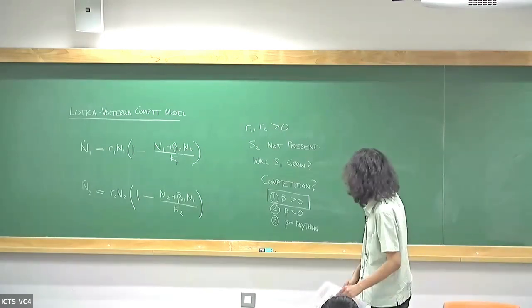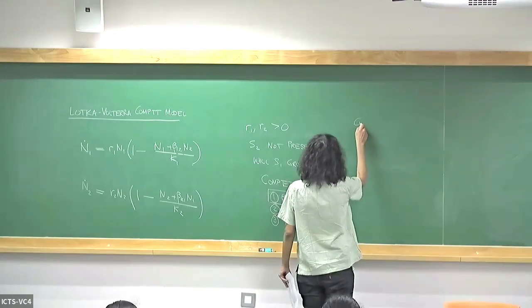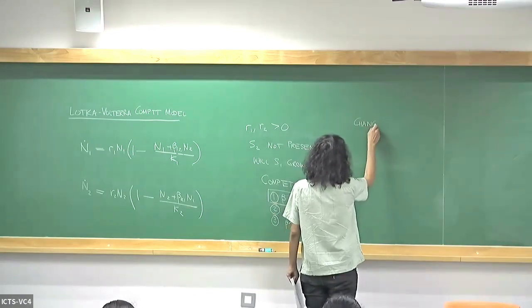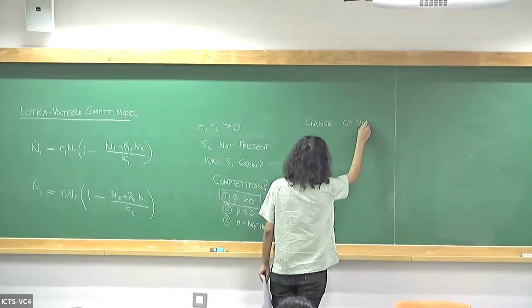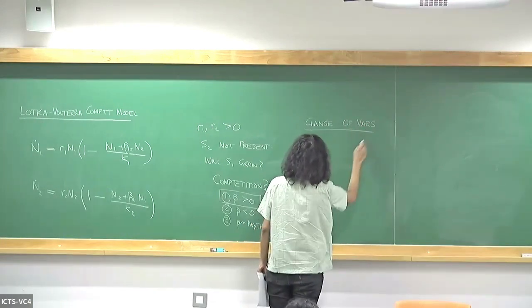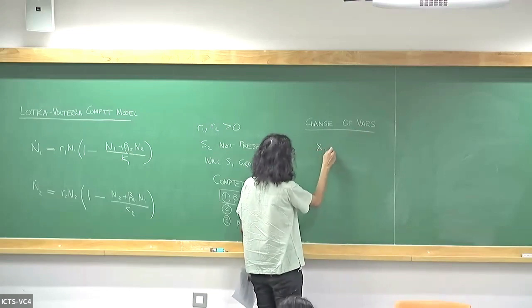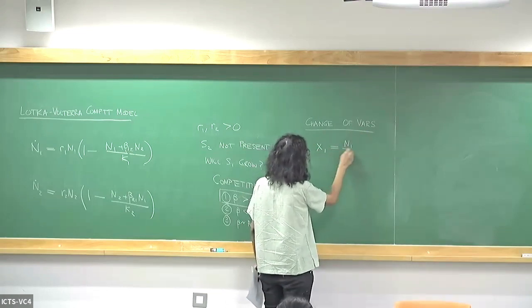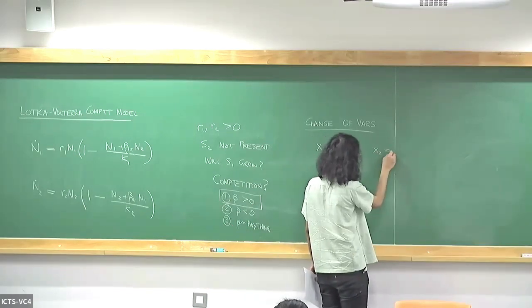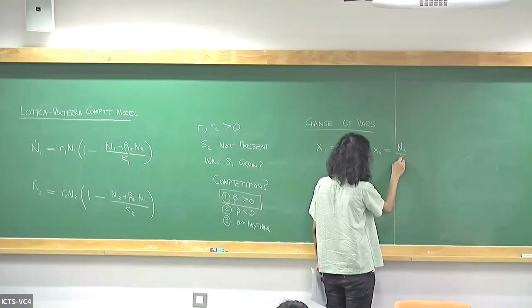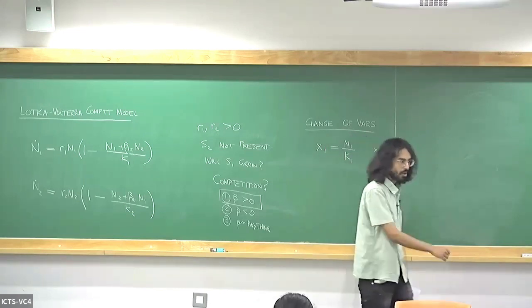And there's also a very useful change of variables, which we're going to make, which is going to make our lives much easier and not make us carry around these Ks. So the change of variables that you make is that you normalize the abundance of each species to its respective carrying capacity. What does this mean?